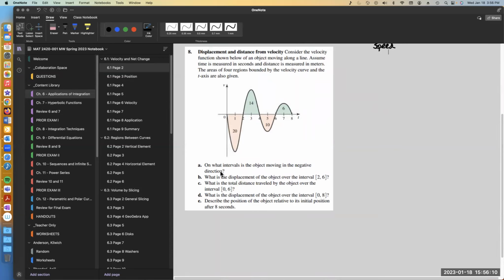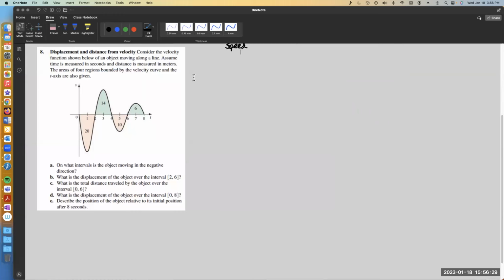So first off, on what intervals is the object moving in the negative direction? Somebody tell me the first interval that our particle is moving in the negative direction on. 0 and 2. So we are moving in the negative direction for sure on the interval 0 to 2.